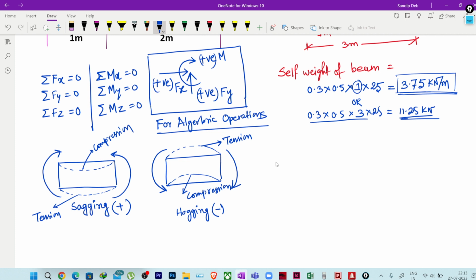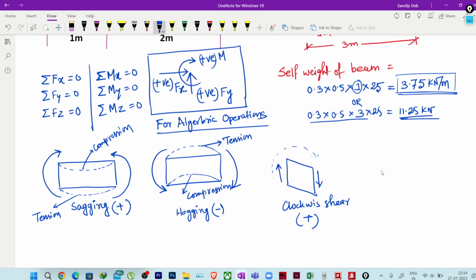In case of shear, let me draw it properly. If I draw shear in a beam, if the shear is clockwise, meaning the direction of force is something like this, so clockwise shear we will consider as positive.